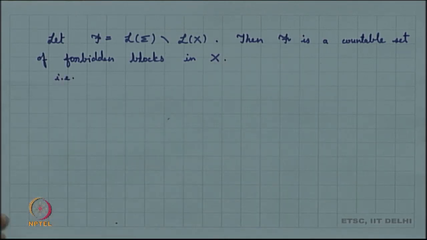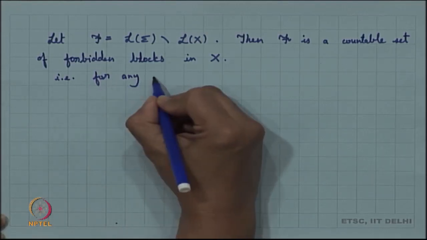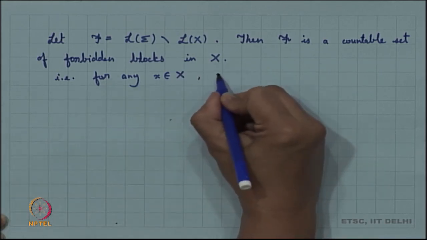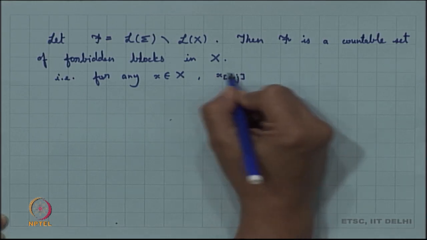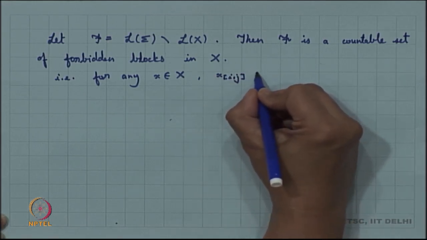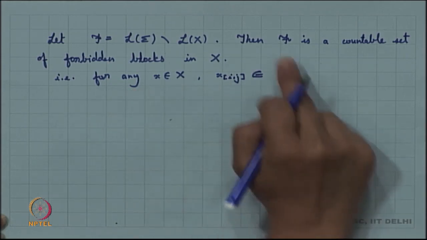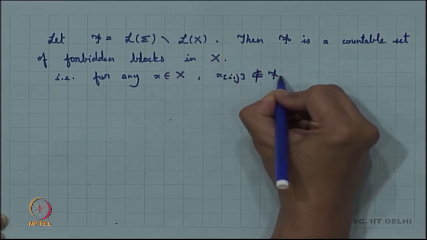I can say that for any x in X, if this is my block belonging to F, so for any i and j, this block will not belong to X.